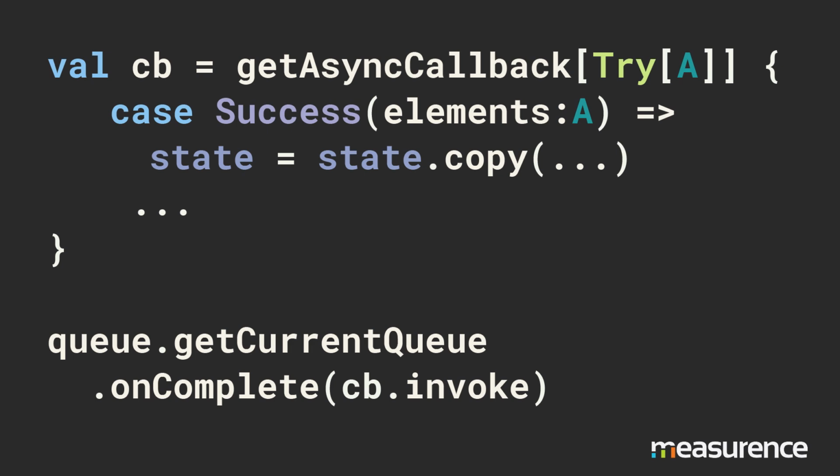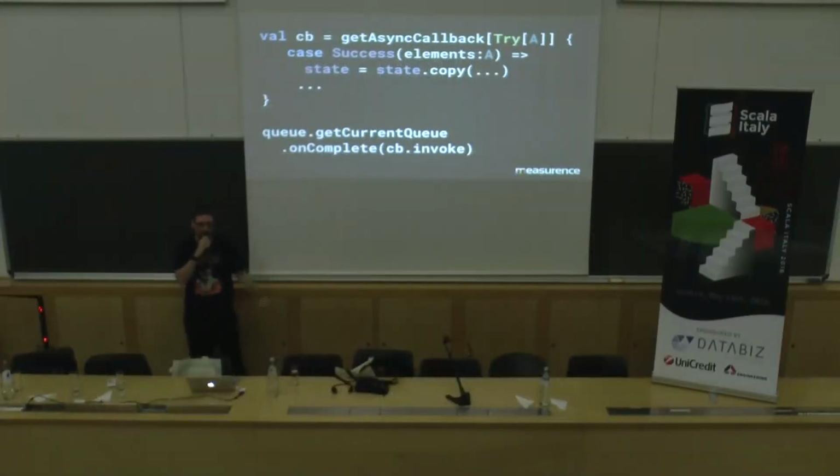But there is this getAsyncCallback call that can be used to wrap your callback so that when it is executed, it will be run on the thread of your stage. So this is nice. You just wrap your code and pass it to the future. This getConcurrentQueue is a future, the invoke function.